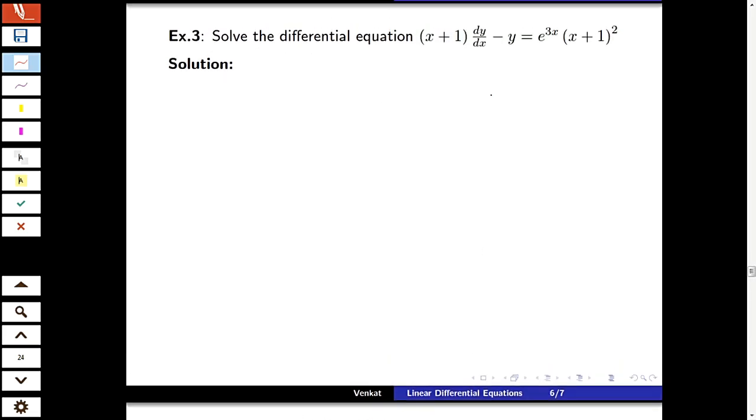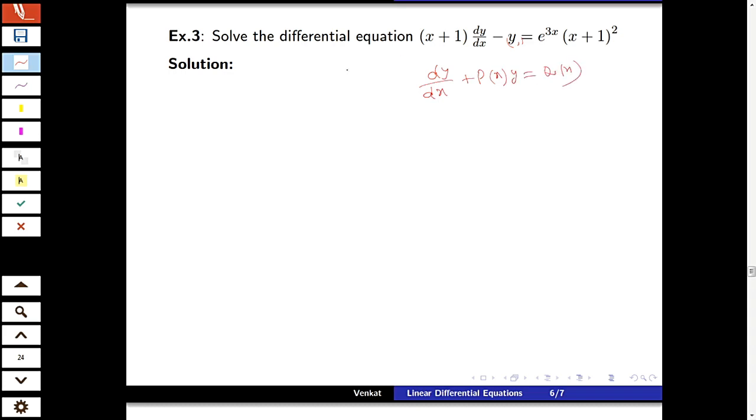Example 3. Solve the differential equation. You can observe the term y is of degree 1. Remaining is x plus 1. So you will get the standard form dy by dx plus p of x into y equal to q of x.